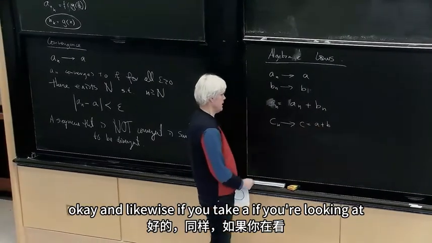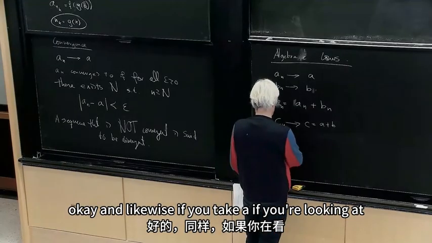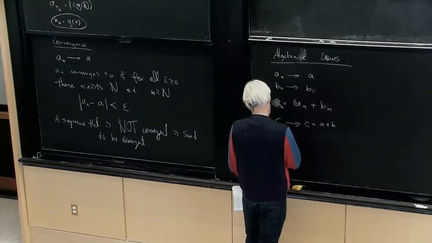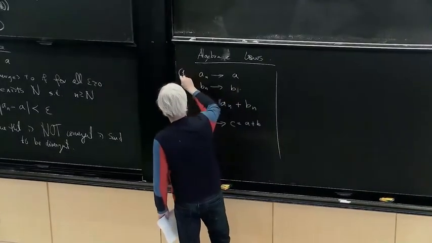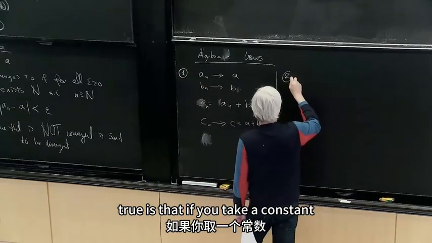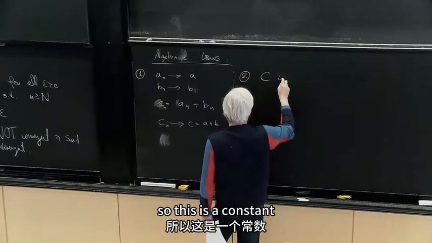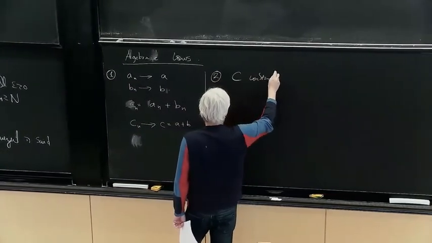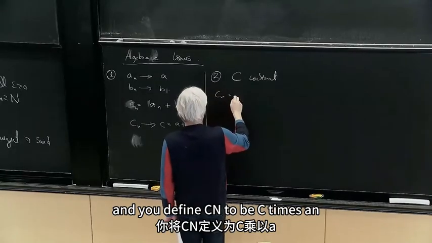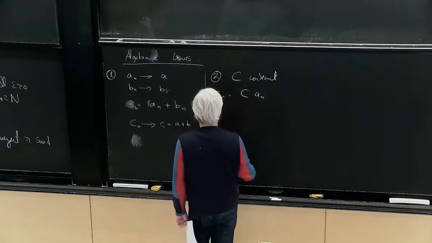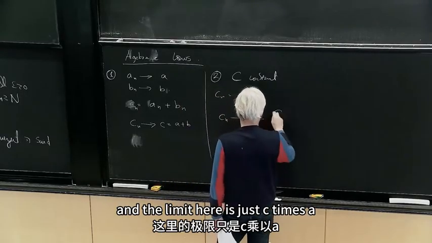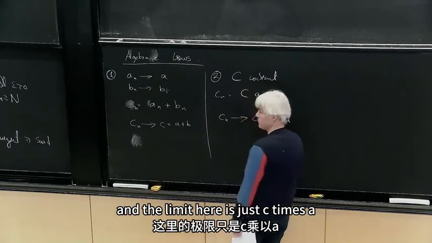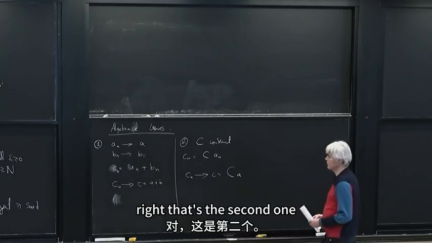Likewise, if you take a constant c and define c_n to be c times a_n, then this c_n also converges, and the limit is just c times A. That's the second one.